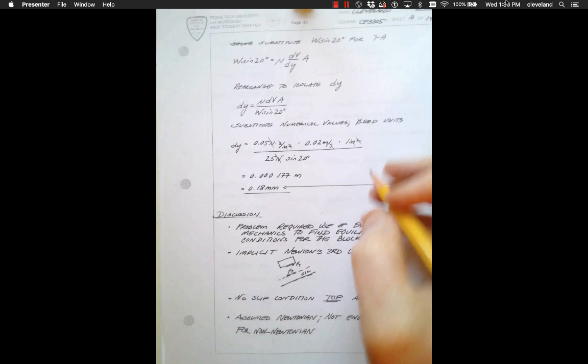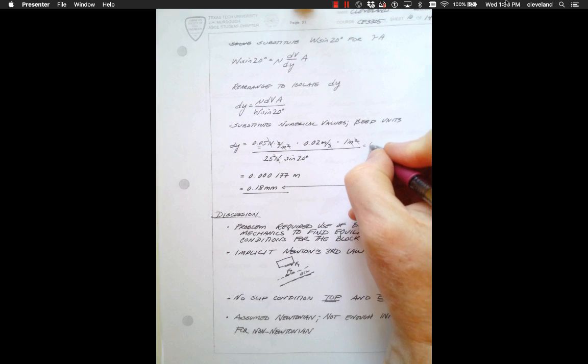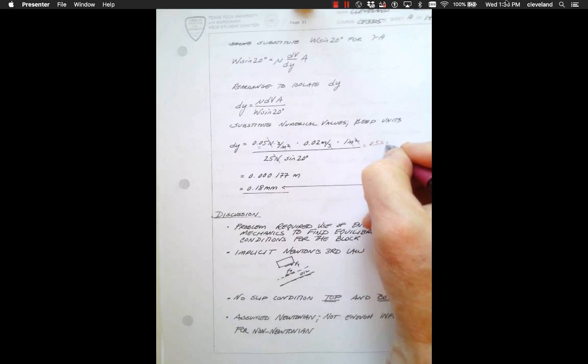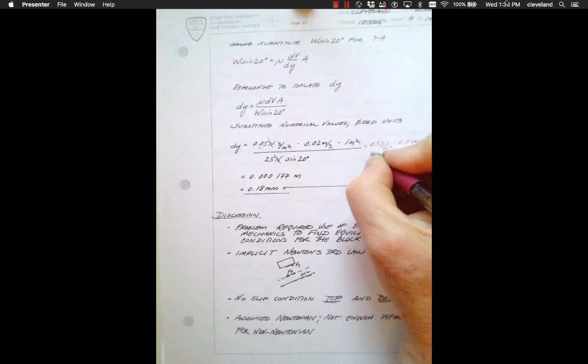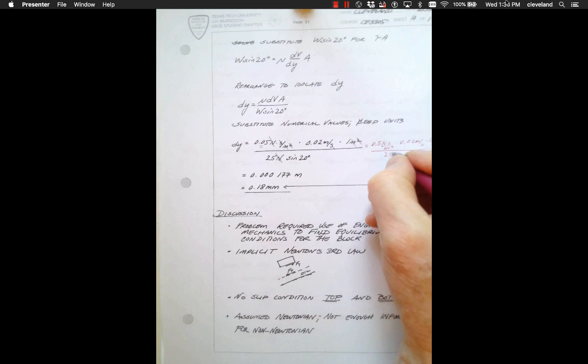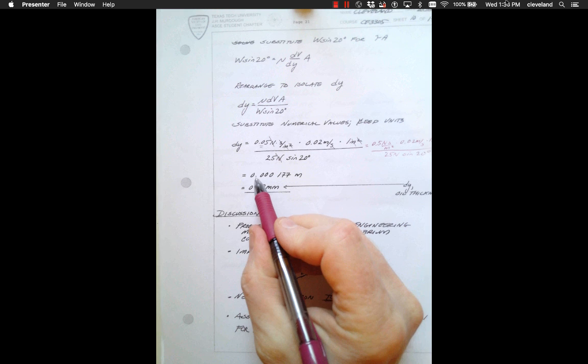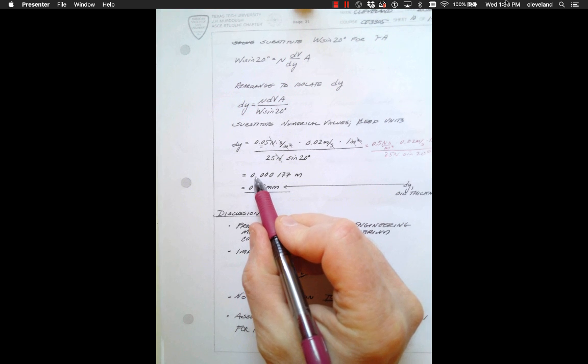I've lost the area. This is a mistake. So it should be 0.5 newton seconds per meter squared, and 0.02 meters per second, 1 meter squared, over 25 newtons, sine 20 degrees.